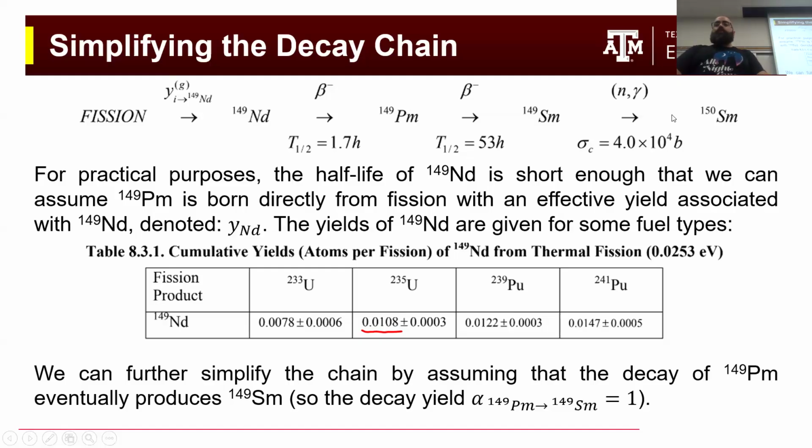And then we can further simplify by assuming that when promethium-149 decays, it eventually produces samarium-149, and we'll assume that the decay yield for that is just 1. We'll ignore the other paths that promethium could have, and just assume that every time promethium decays, it produces samarium-149.